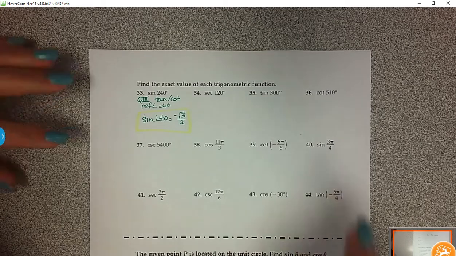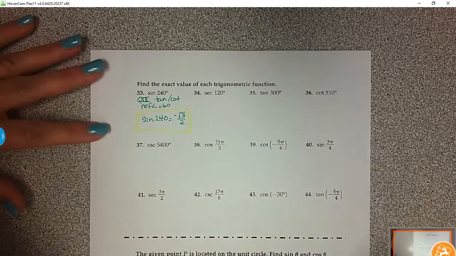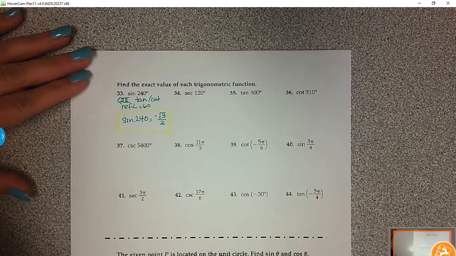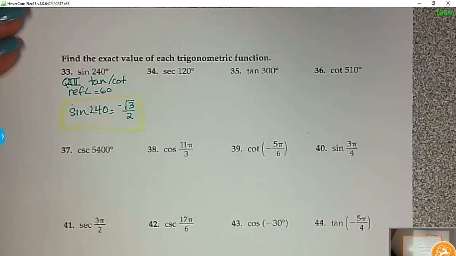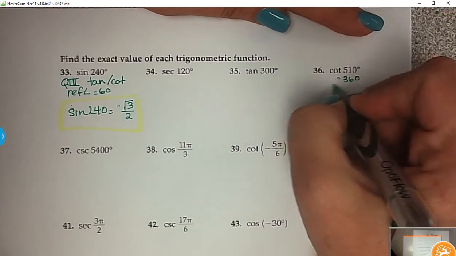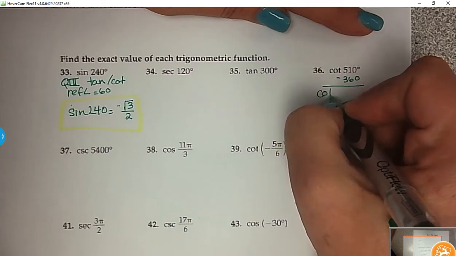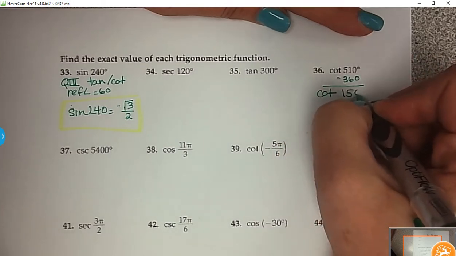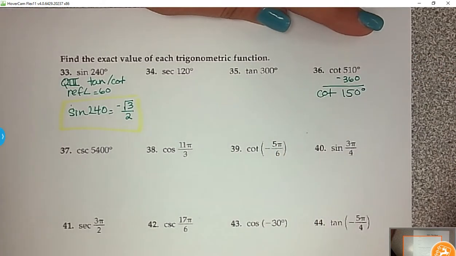Alright, so let's do number 36 together. Okay, 510 is not between 0 and 360, so I have to find a coterminal. I'm just going to subtract 360 from that, and I'm going to find the cotangent of 150 degrees.